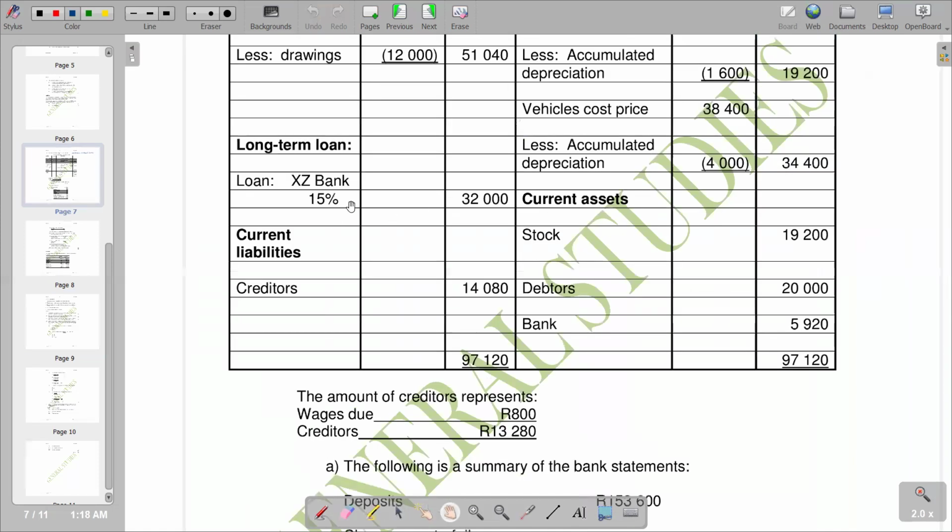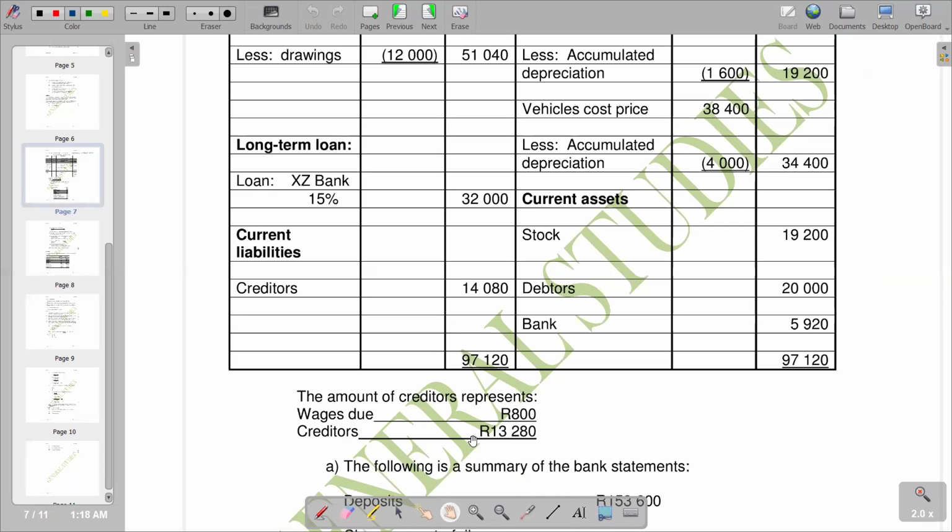So if you come under current liabilities, that's where I find creditors, we get 14,080. But beneath the table, we are told that the amount of creditors represents wages due of 800. So the wages due of 800 is inside of 14,080, and then the figure for creditors is only 13,280. So basically, we are only going to be concerned about the creditors amount.